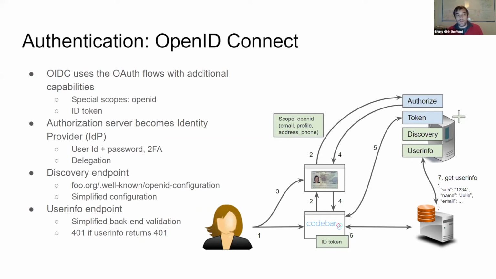OpenID Connect also defines a discovery endpoint. That's extremely useful because it means you can auto-configure the client and the resource server. So less configuration, that's good. And the last thing it provides is the user info endpoint.